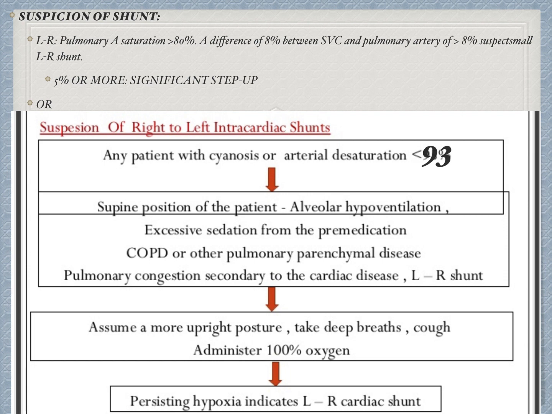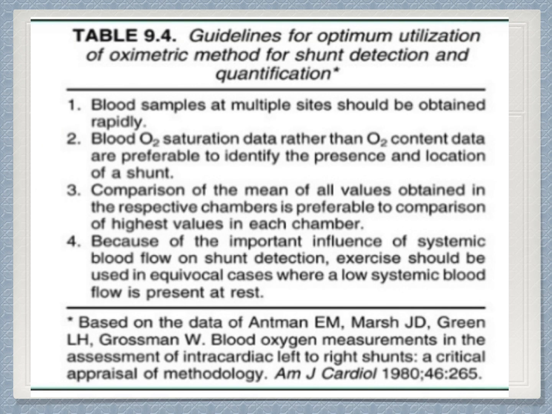Could it be COPD? Could this patient have a pulmonary disease, a congenital heart defect, mainly left to right shunt? Sorry, this is right to left shunting. Okay, then this is where you would suspect this pathology.